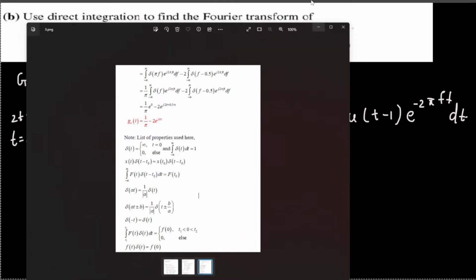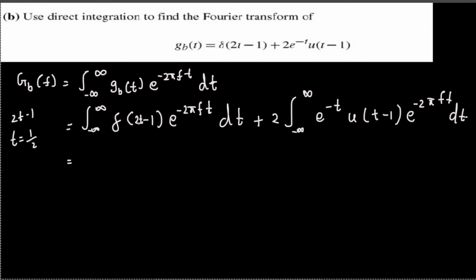Delta of at is equal to 1 over a, and if we have a shift in delta of at, it's basically 1 over the absolute value of that number, and then t plus or minus whatever the shift is. So here, if you look at this one, we have to look at what value we have, and we have to separate t. If we solve for t, 2t minus 1 is 0, therefore t is equal to 1 over 2.